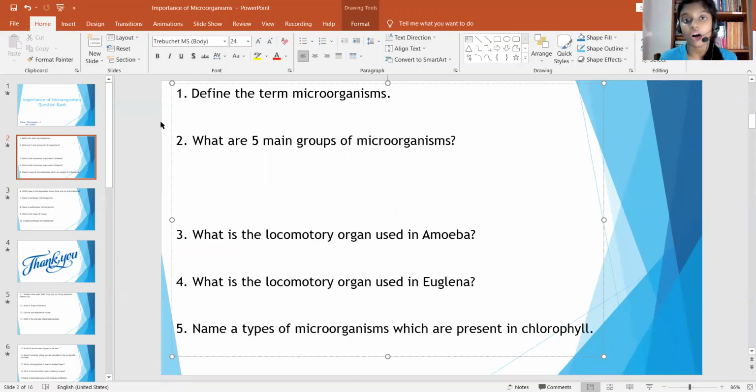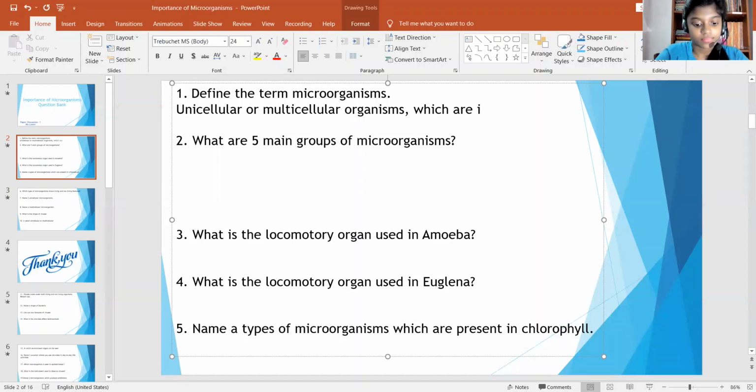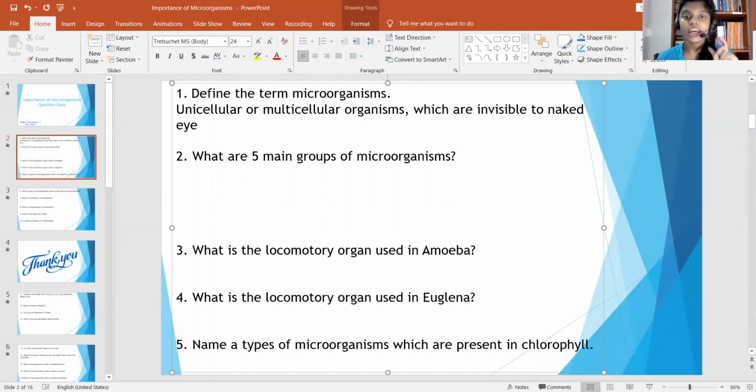So microorganisms are unicellular or multicellular organisms which are invisible to the naked eye.